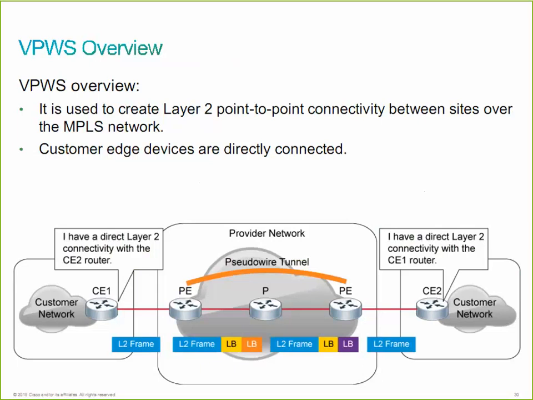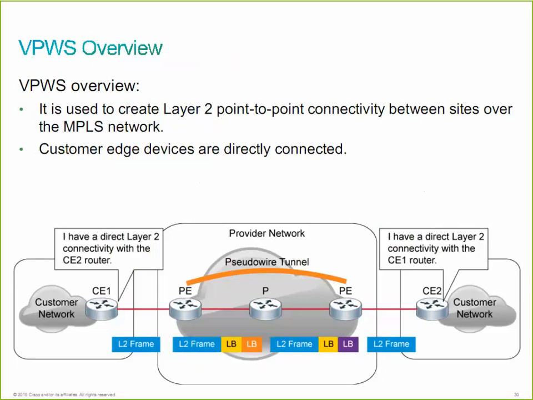The end result here of VPWS is that the customer edge devices are directly connected over the provider's network. In any network running this VPWS solution, all of the routers in the service provider network run MPLS.